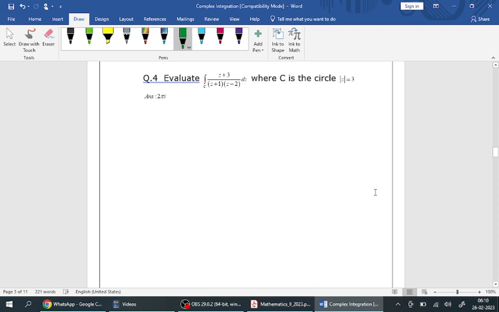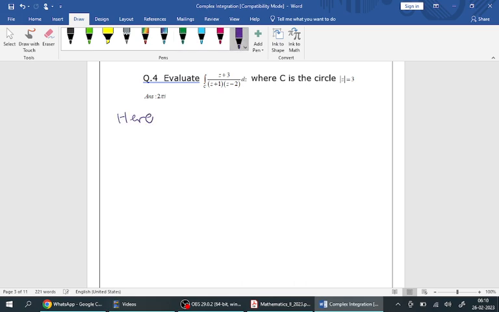If you see, the integral that we are given is (z plus 3) upon (z plus 1)(z minus 2), and the circle given is mod z equal to 3. So suppose we start with the poles here.